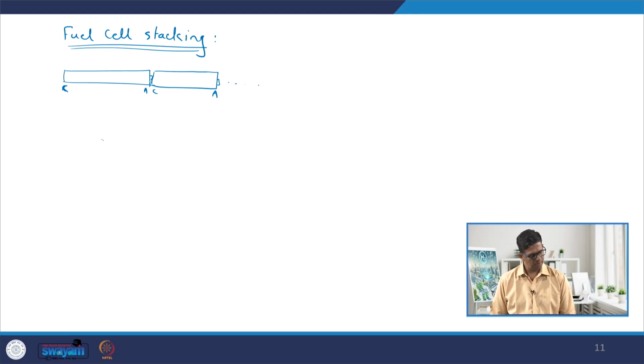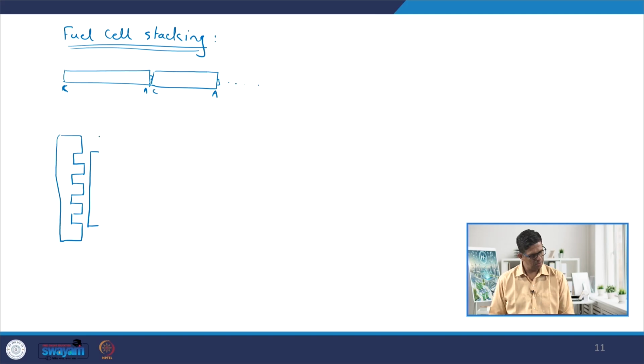Let me draw this. This is my monopolar plate. I am going to draw it for a stack of 2 cells, so that it becomes easy for everyone to understand, and I am slightly going to show the dismantled views. So, this is the monopolar plate for the one cell, then we have the gas diffusion layer.